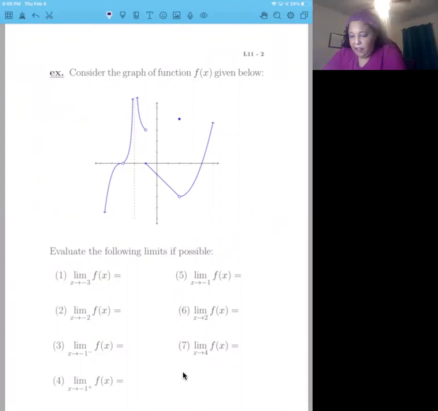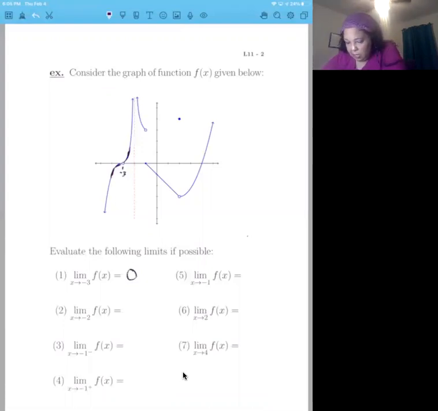Number 1, it says find the limit as x goes to -3. All right, so -3 is right here. From the left, it's going to 0. From the right, the y value is also going to 0. It's not defined at 0, but that's okay. So the limit is 0.